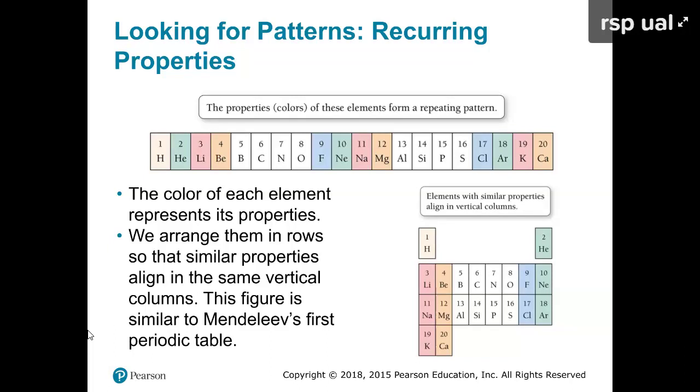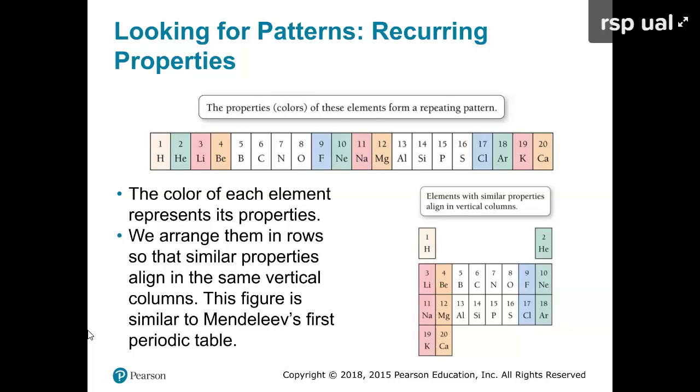Once we established the number of protons in a nucleus, we were able to take his model and make it just a little bit better by fixing a couple of the places where the elements seem to be out of order. But ultimately, what made Mendeleev's table so great was he was able to identify that there were clusters of elements that had similar properties.